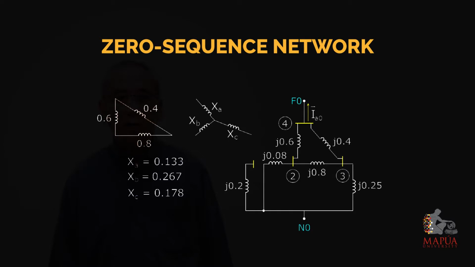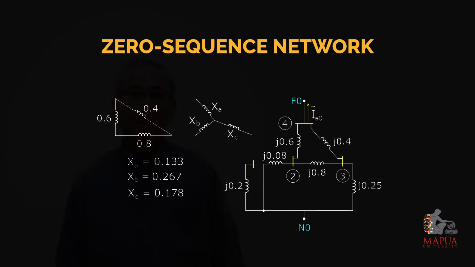So now, again, we need to transform the delta connected reactances into Y connection. Thus, we now have XA equal to 0.133, XB equal to 0.267, and XC equal to 0.178.